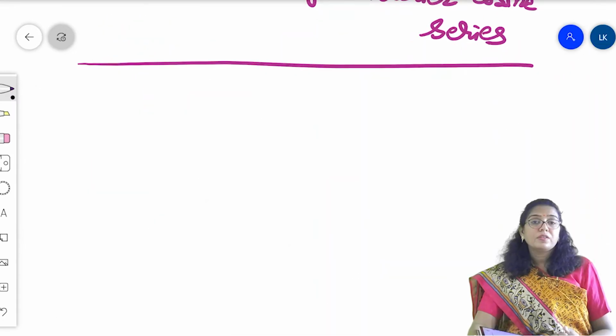What about the half range Fourier sine series? Meaning if f(x) is an odd function, then what happens?